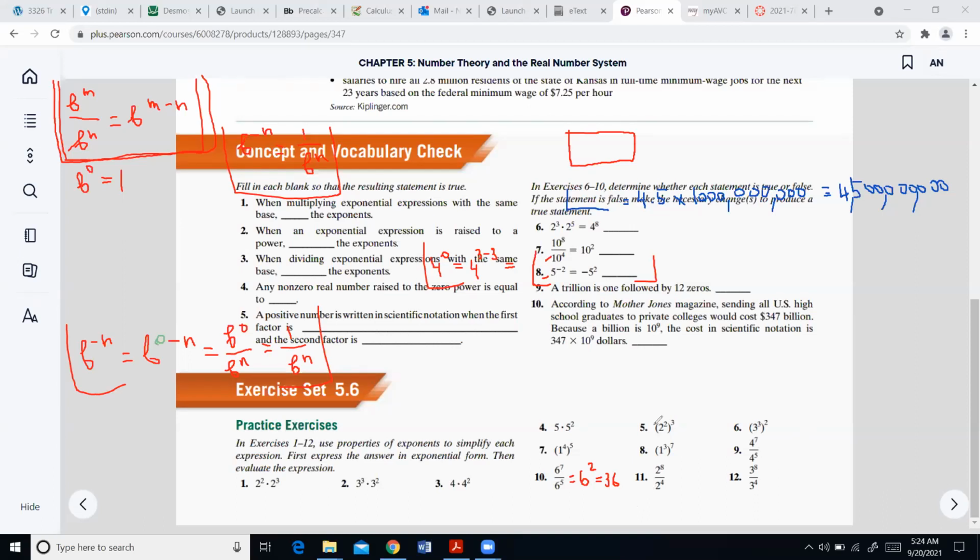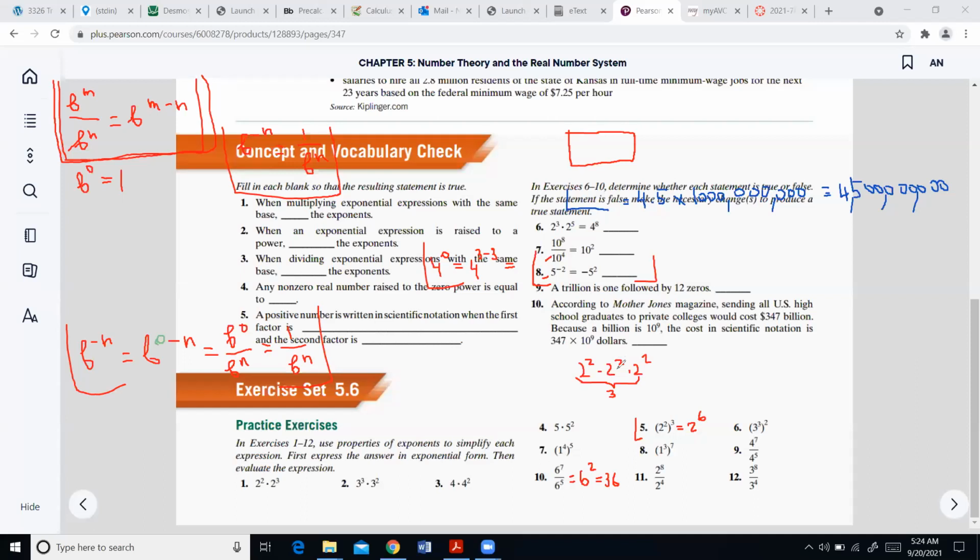And if I try exercise 5, for example, what power of 2 is going to be here? Wouldn't that be 6? Why is that 6? Why not 5? Well, because 2 squared times 2 squared times another 2 squared is nothing but a cube, right? We have this power of 3 on the outside of 2 squared.